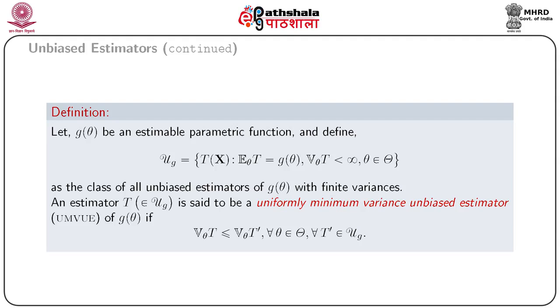That is, U_g equals the set of all T such that expectation of T equals g(theta) and variance of T is finite for all theta belongs to Theta. An estimator T belongs to U_g is said to be a uniformly minimum variance unbiased estimator of g(theta) if variance of T is less than or equal to variance of T' for all theta and for all T' belongs to U_g.